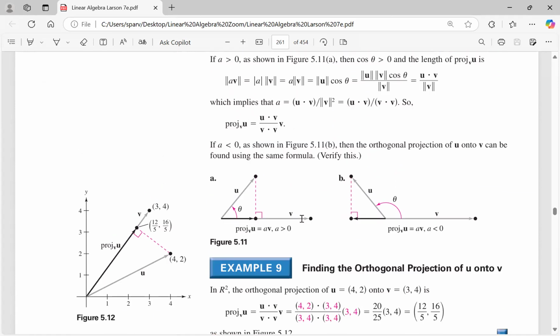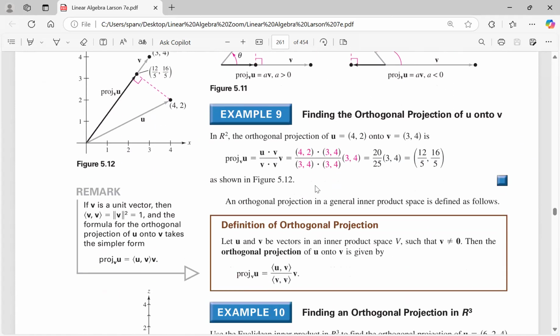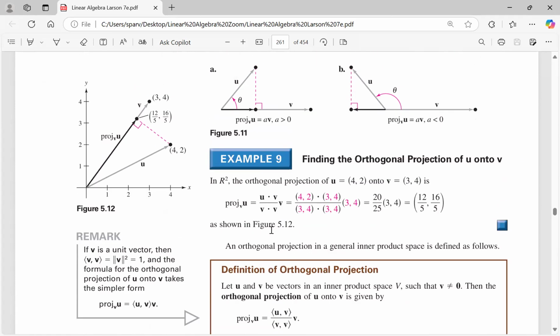The orthogonal projection is right here. If you look at the orthogonal projection, figure 12, here's a vector u. The vector u is going in that direction, to the point (4, 2).